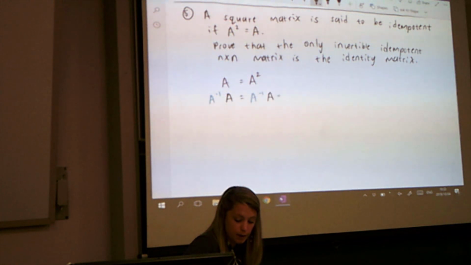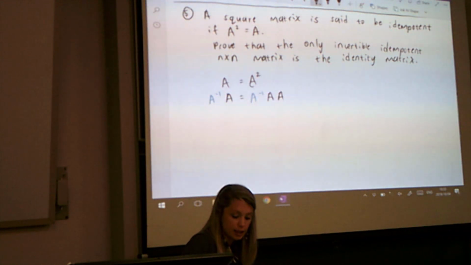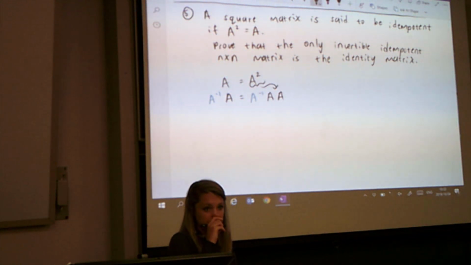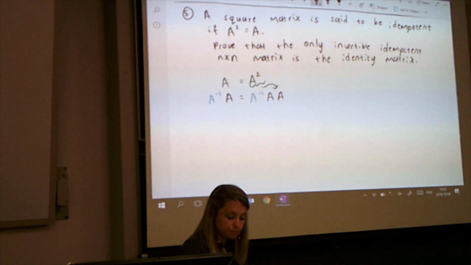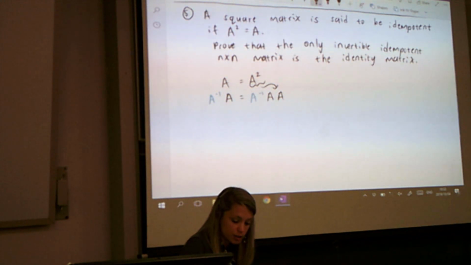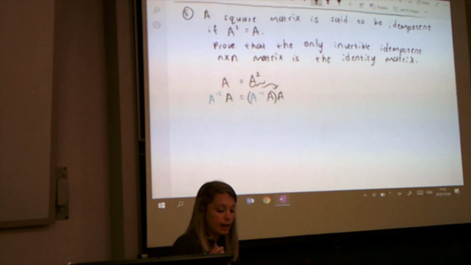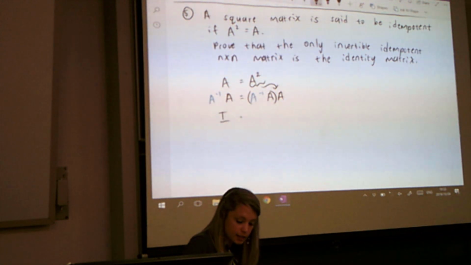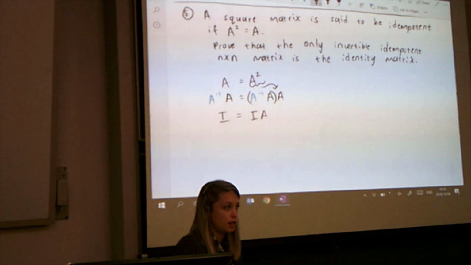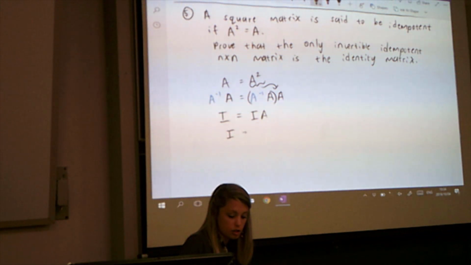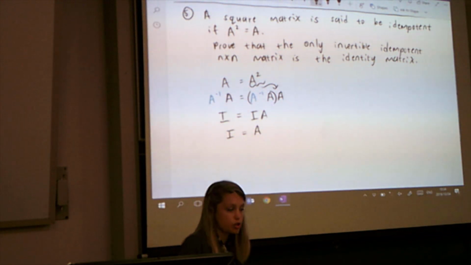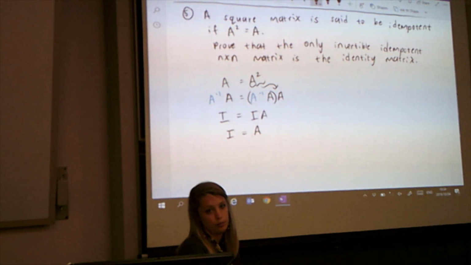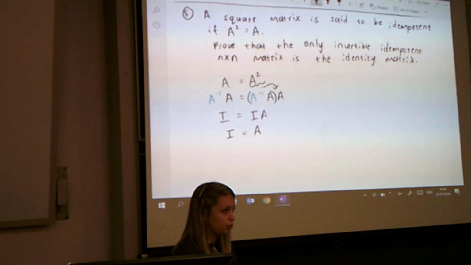So here I have A, and I'm just writing this A squared as A times A. Then I'm going to group these two together, A's inverse times A. And on the left, I also have A's inverse times A. So I have identity on the left equals identity times A. And identity times A is just A. So A is the identity matrix. And that's what we wanted to prove.